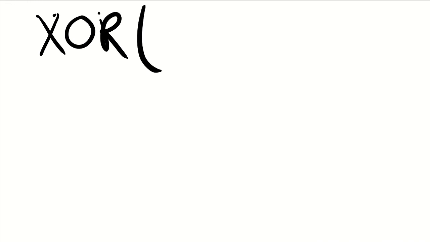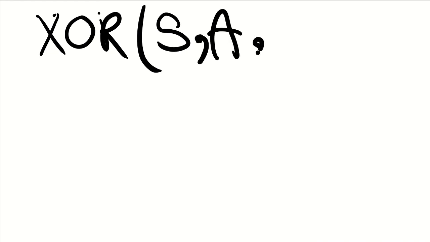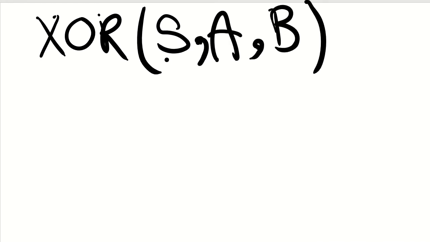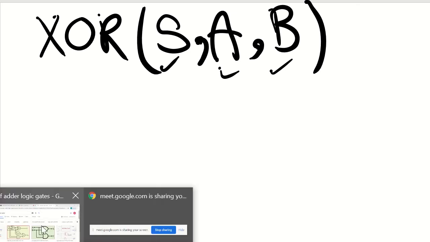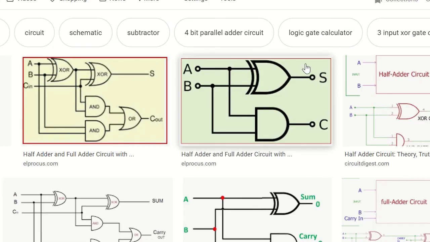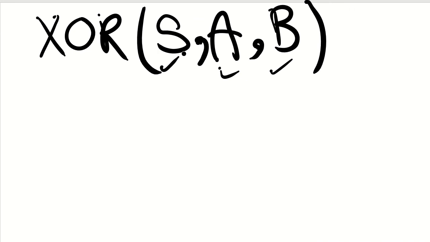So you say XOR, and then you put your output first, always. So you say S, A, B. Why? Because S is my output, A and B are my inputs. So exclusive OR, S output, A and B inputs.